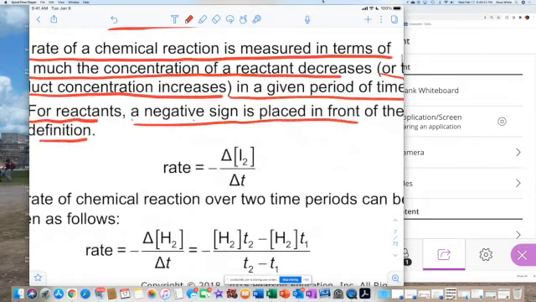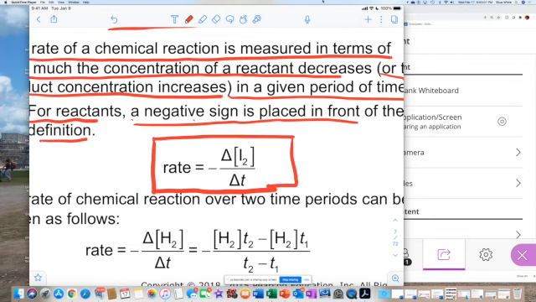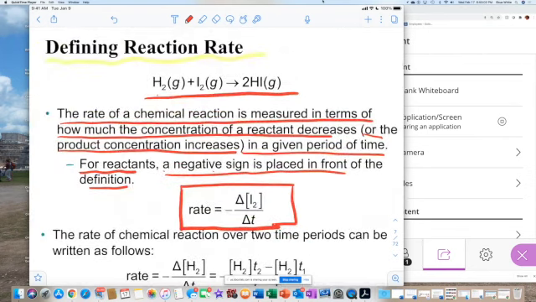So here the definition is the same thing as the rate equation, right? We had the balanced equation. In the balanced equation, while we had two reactants to pick from, they only decided to focus on I. So they're writing this rate equation from the point of view of I. I is the focus and I is the reactant.